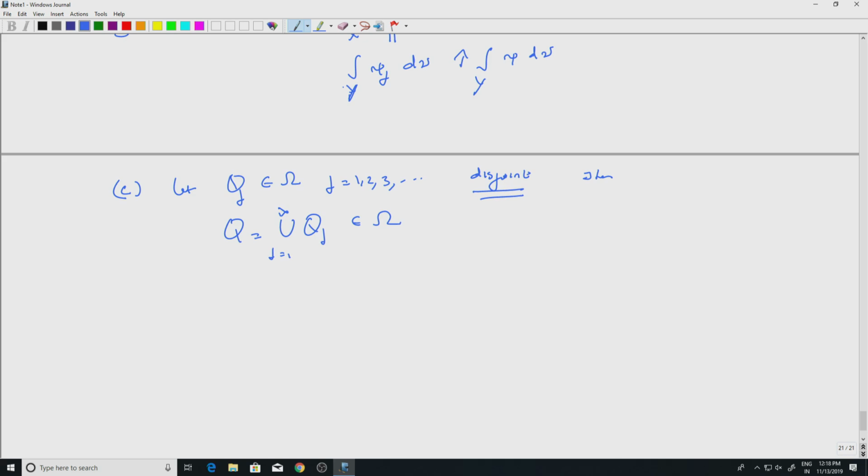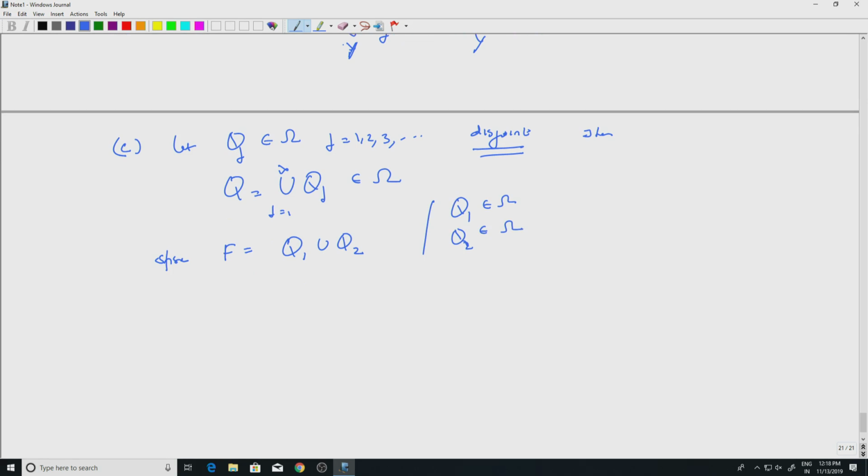Well, let's do that first. So first take two sets. Suppose F equal to, so I will use a different letter, F equal to Q1 union Q2. I know that Q1 and Q2 are in omega, which means the theorem is true for them, correct. Now if I look at F sub x, well, what is this?